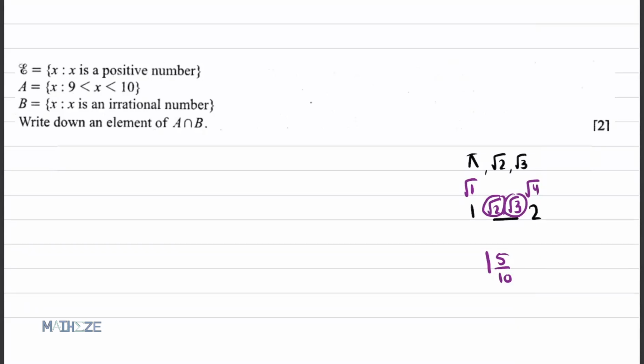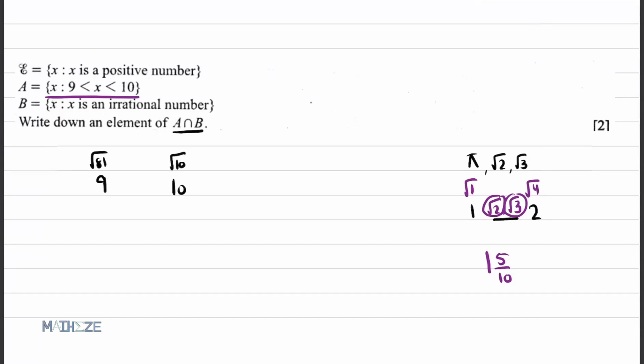Now let's see. A is a positive integer between 9 and 10, and B is an irrational number. And you need to find A intersection B. That means it should be an irrational number and it should be between 9 and 10. So let's find irrational number between 9 and 10. Under root 81 is 9.